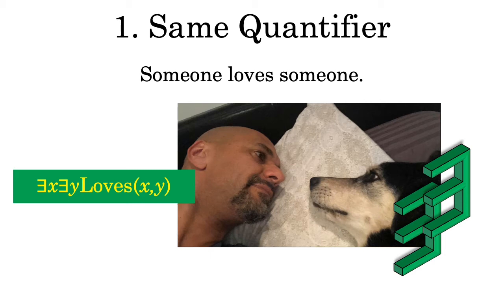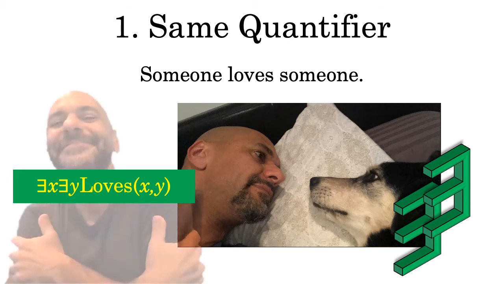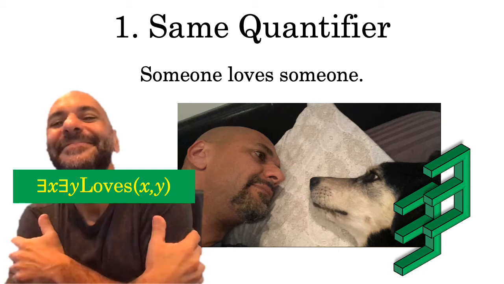Contrast that with the following expression. There exists some x and there exists some y such that x loves y. A natural way to understand this is that x and y are not the same person. However, strictly speaking, this expression in first-order logic doesn't say either way whether x and y are the same thing. They could be or they couldn't be, so you can't jump to any conclusions on that front.